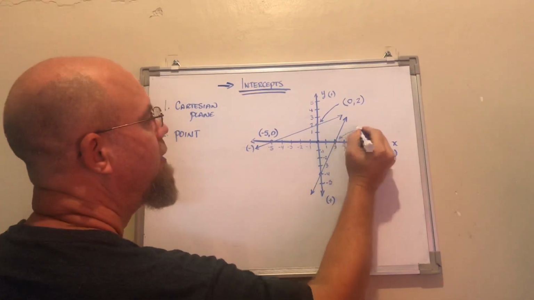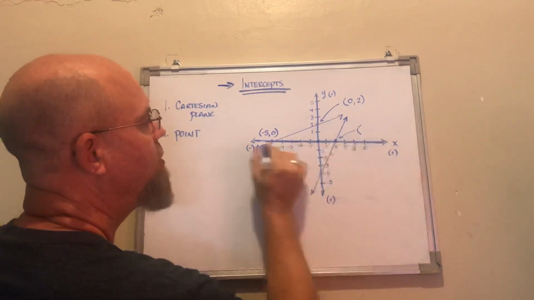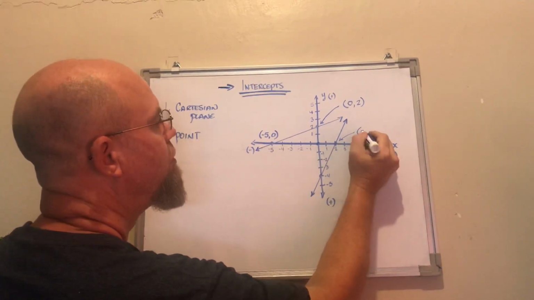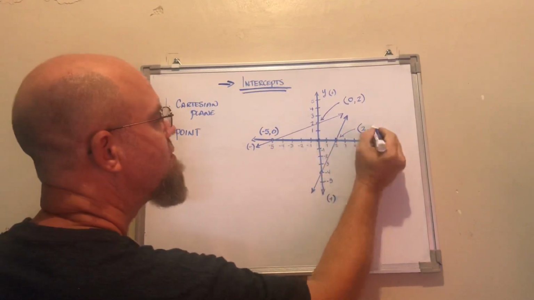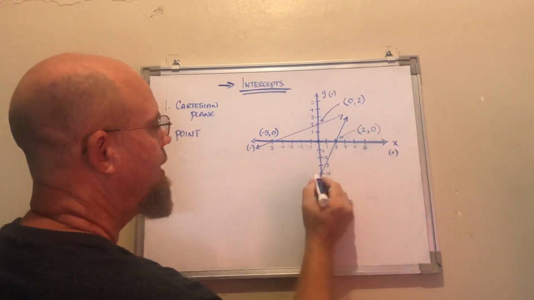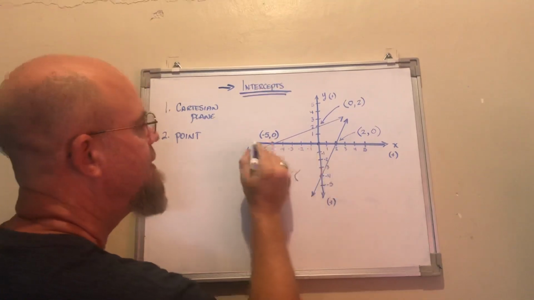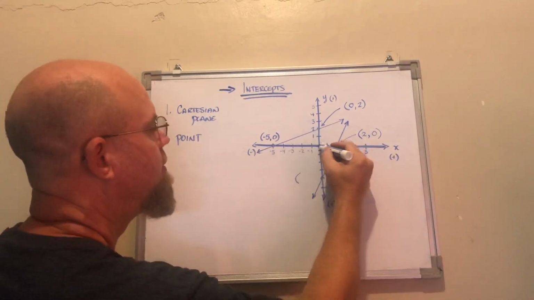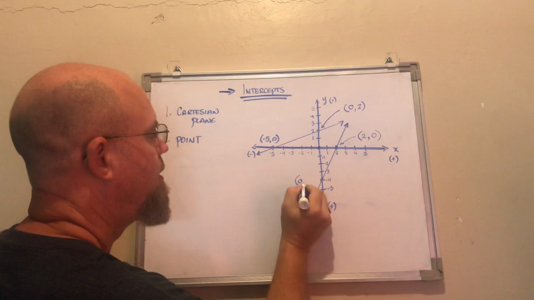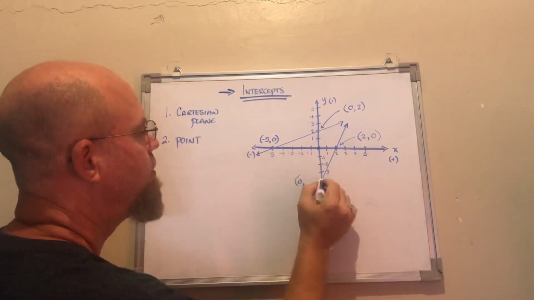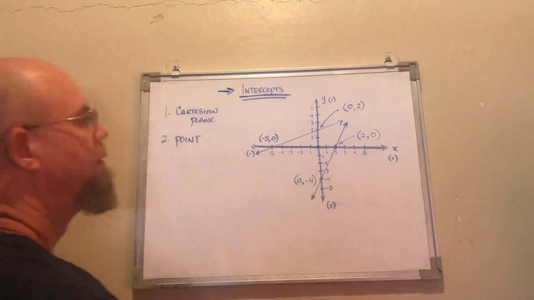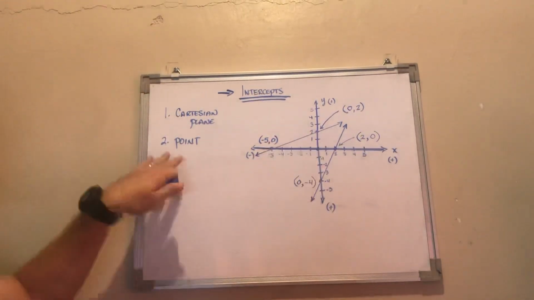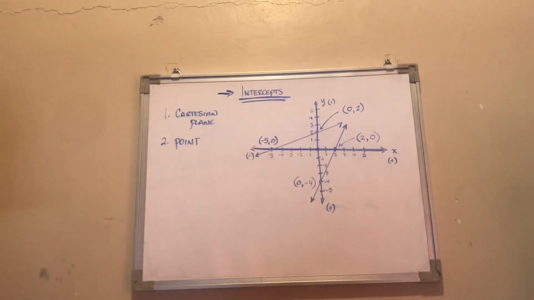Here, the x value is 2, and the y value is 0. And on this point here, the x value is 0, and the y value is -4. So those are the points of those two lines.